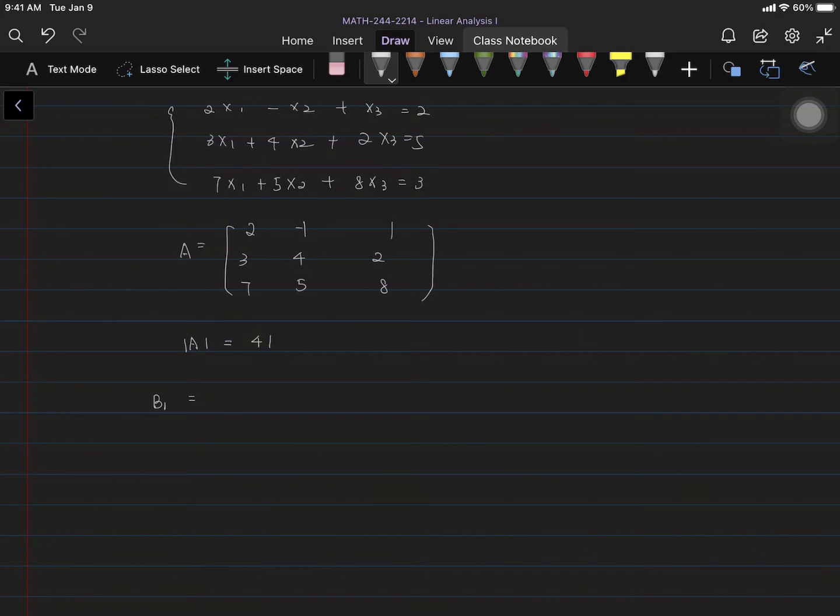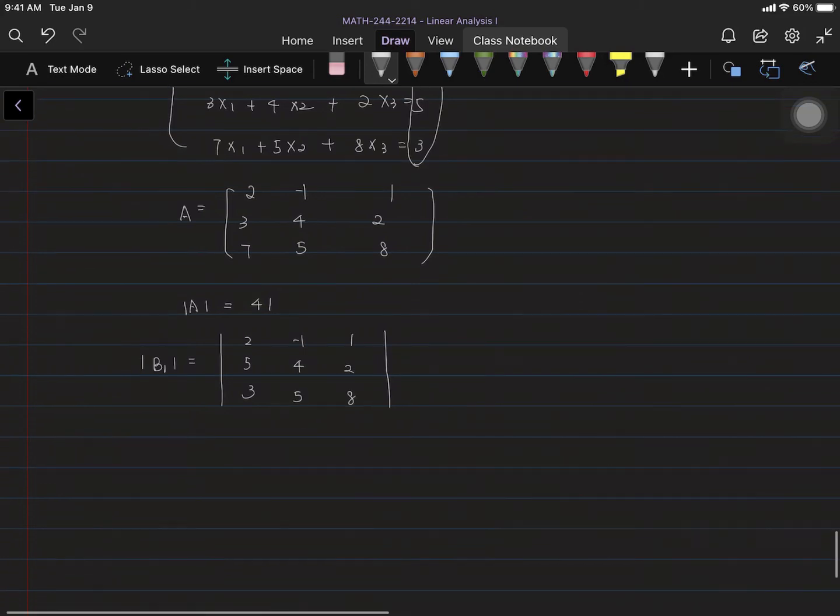B1 equals to, replace the first column by B. What is B? 2, 5, 3. Look at this column. So B is this column, right? So replace the first column by B. And the second column and third column are just the same thing.